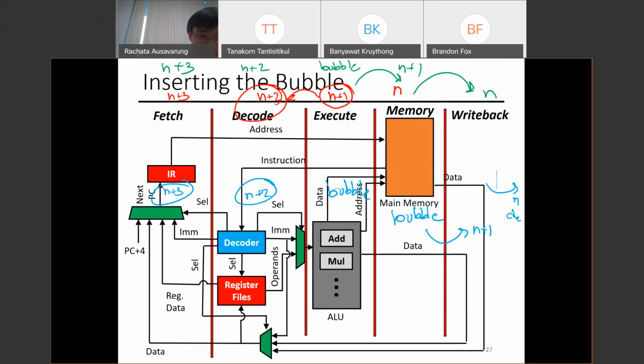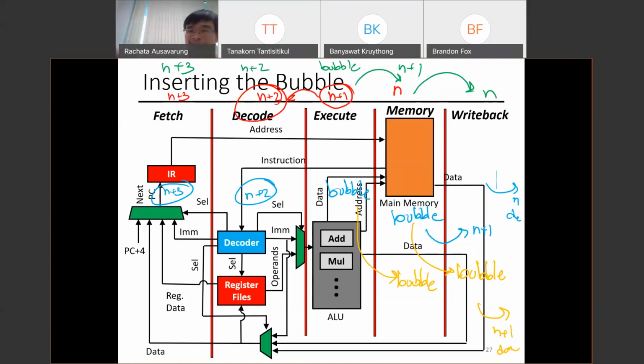Then in the next cycle, I'm going to use orange. N plus 1 is done. This is a bubble, because this bubble moved here, this bubble moved here. What is in the execute? Is it a bubble or is it n plus 2? N plus 1 generates data for n plus 2.